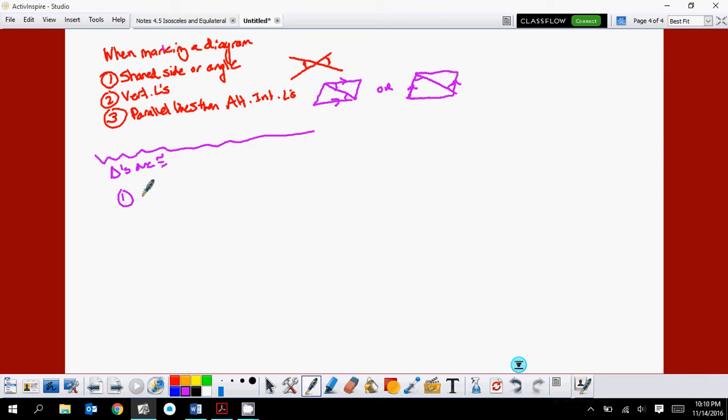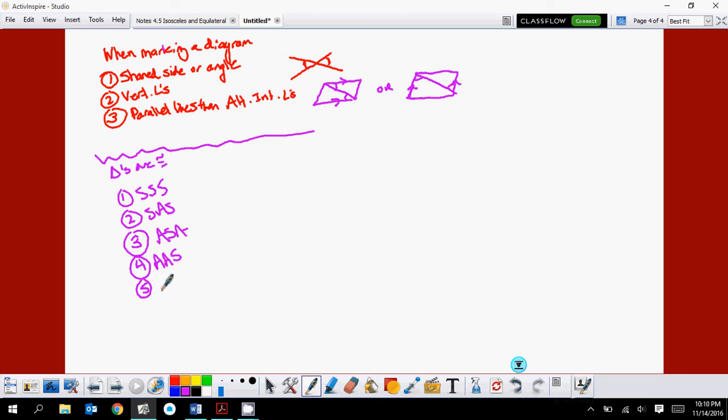The first one is side, side, side. You shouldn't miss that: 3 pairs of sides marked congruent. Next one, side, angle, side, where the angle is connecting the 2 sides that are marked congruent. Third one, angle, side, angle: 2 angles, with only 1 side marked in between. Fourth, 2 angles, but now the side is not in between the 2 angles.